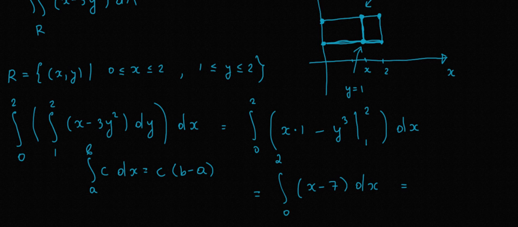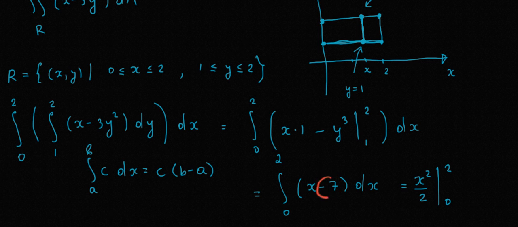When you integrate x, the antiderivative is going to be x squared over 2. We will be plugging in the limits of integration 0 and 2 into that antiderivative. For the second term in this integral, when we integrate -7, -7 is a constant.